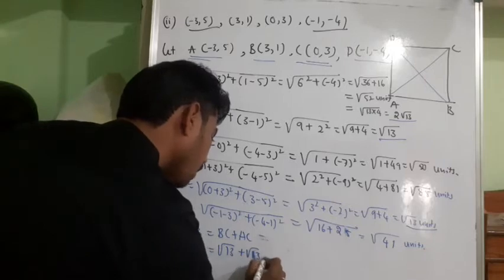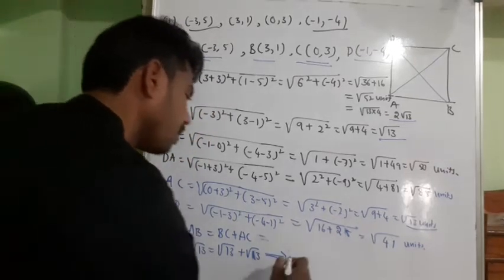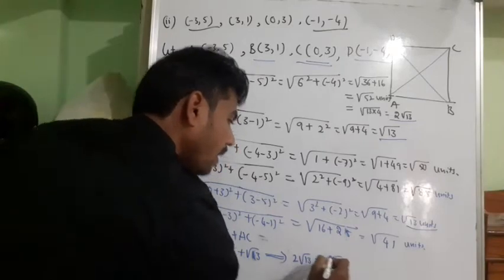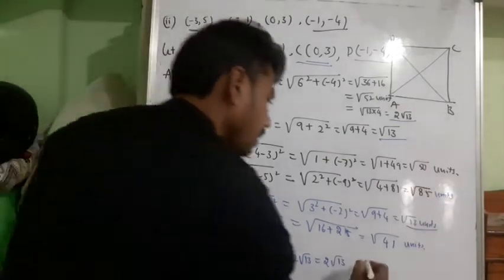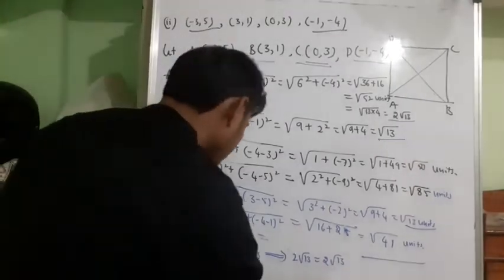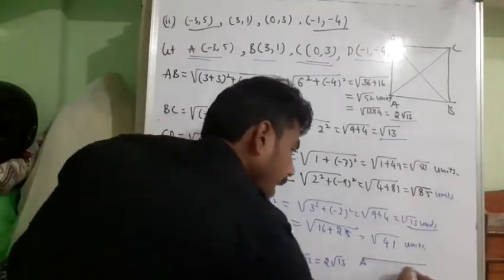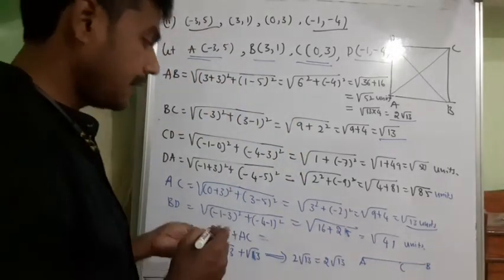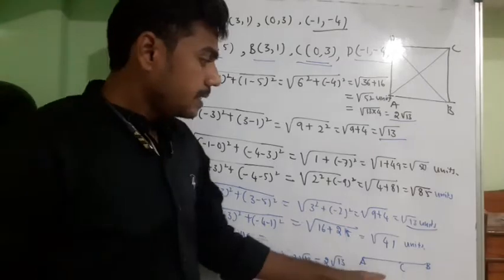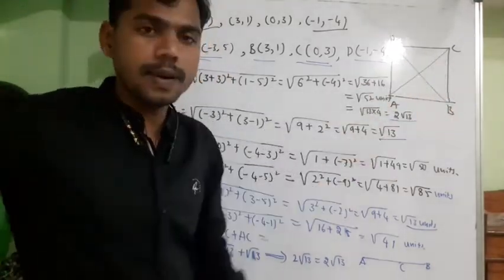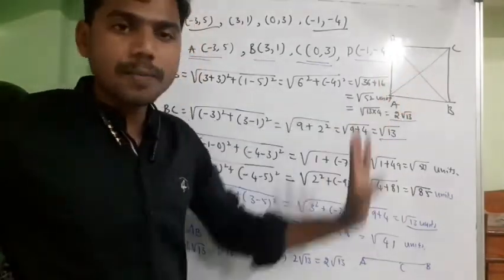So what does it give rise to? 2 root 13 is equal to 2 root 13. What does it indicate? If AB is a line and C lies in between, then A, C, B are collinear. If A, C, B are collinear, does it form a quadrilateral?